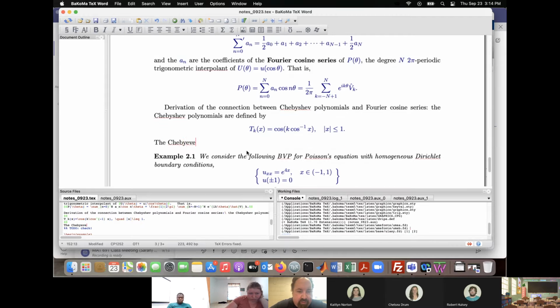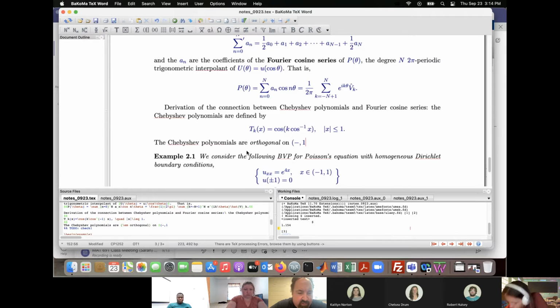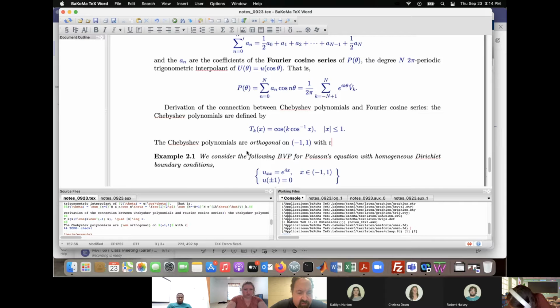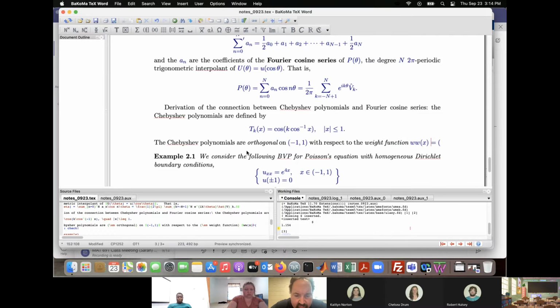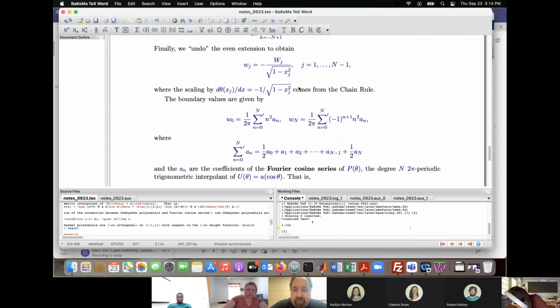An important property of Chebyshev polynomials is that they are orthogonal on the interval -1 to 1 with respect to the weight function, which is actually this denominator we see here.